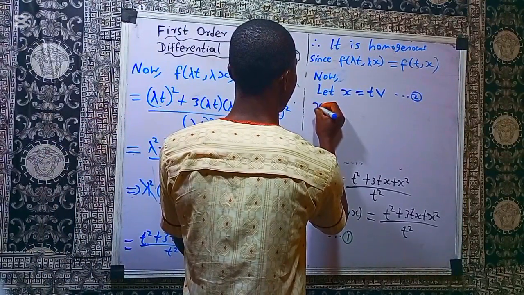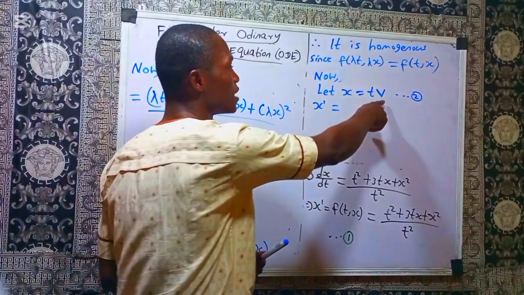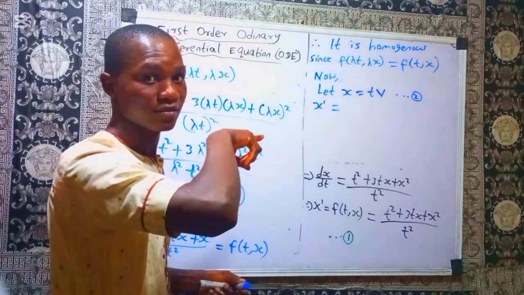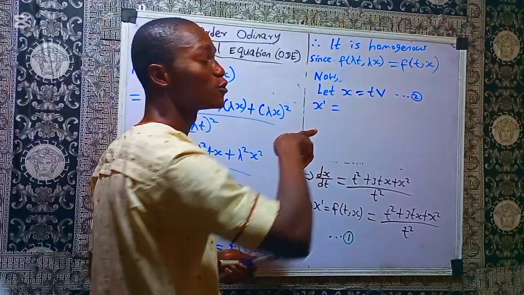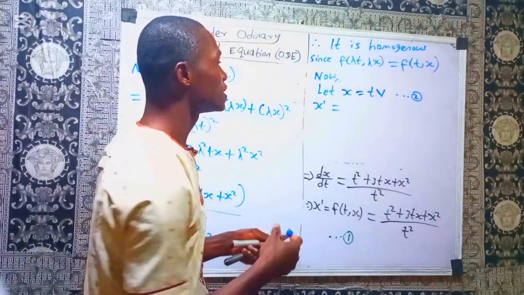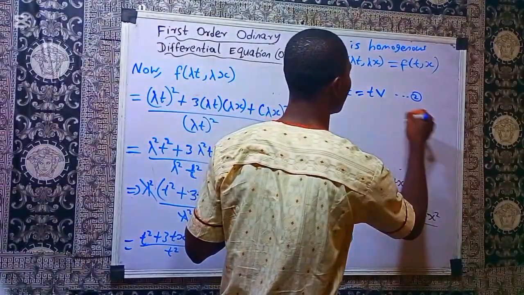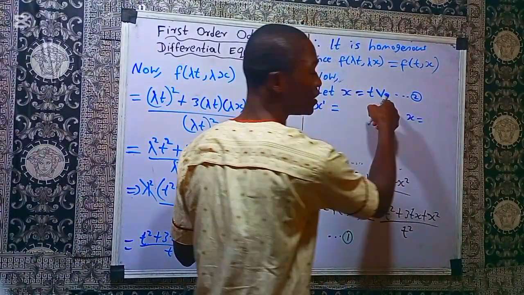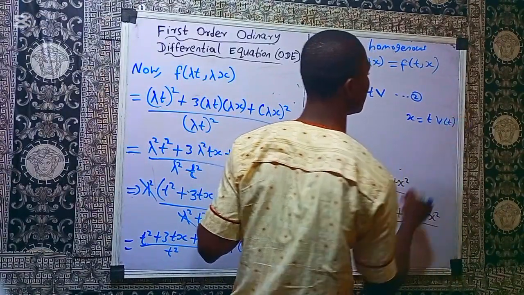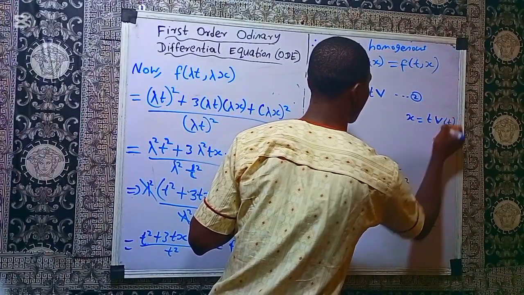Since this v will replace x, it will also depend on t, because x depends on t. So this is just like v of t, and x equals tv is the same thing as x equals t times v of t.